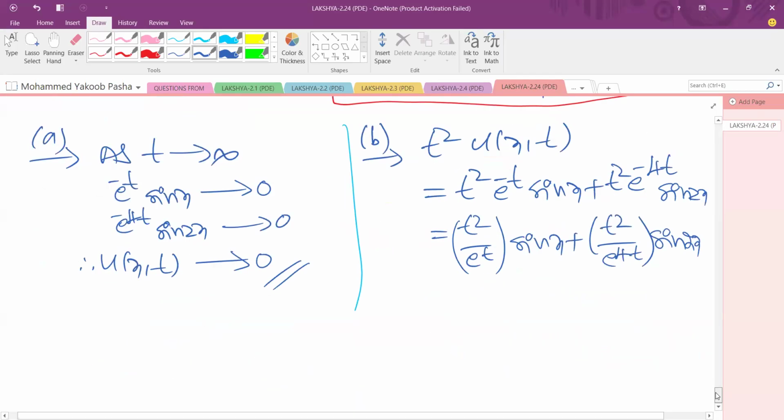So as t tends to infinity, this tends to infinity by infinity. So we can use the L'Hospital rule.